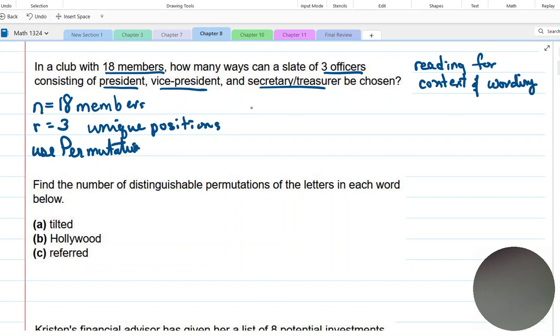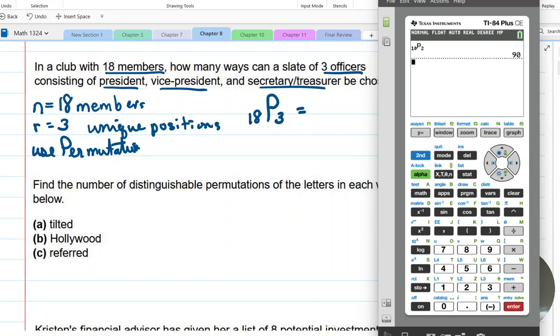So we're going to let it be 18P3 to figure out how many ways they could select. So I'm going to take my calculator. There it is. I'm going to enter the 18, math, PROB. I'm going to choose number 2 and do 3. Looks like 4896.